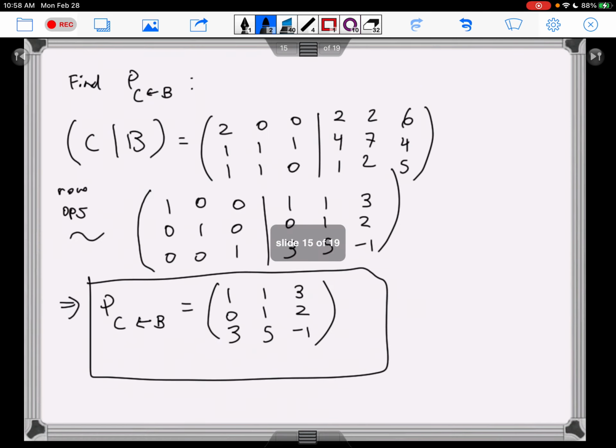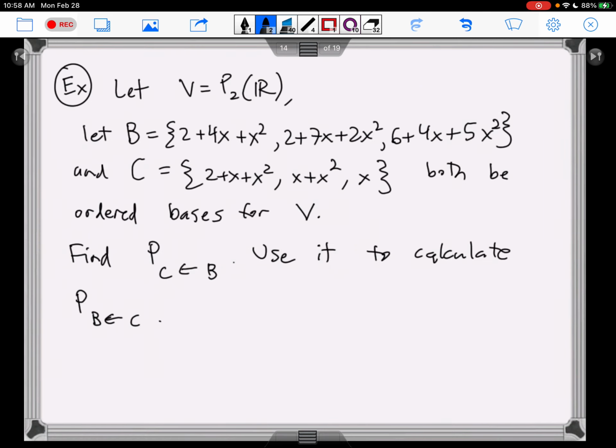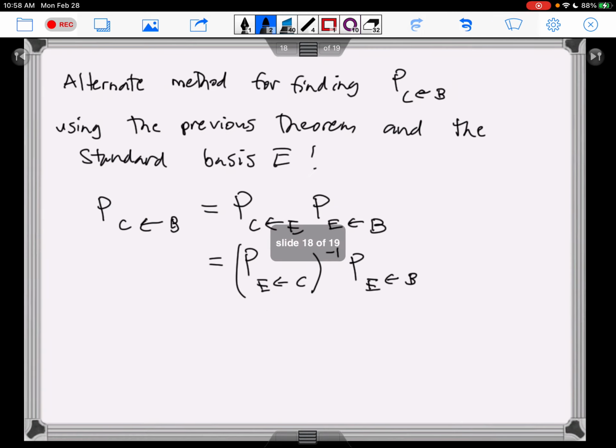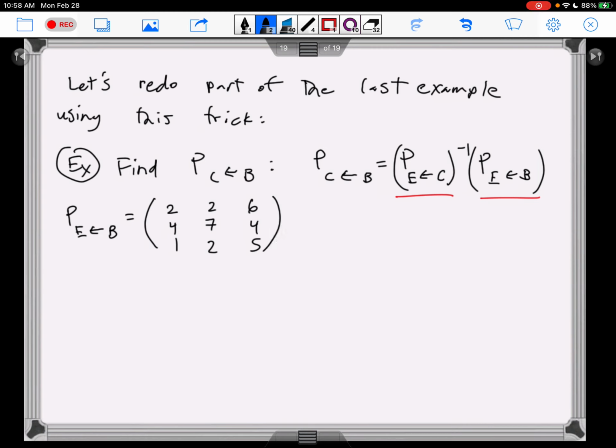Here's B. We just took these guys and we put them as columns, and that's our change of basis from B to E. That's why using the standard basis is nice. 2, 4, 1, 2, 7, 2, 6, 4, 5. So there it is, okay? No work to do there.